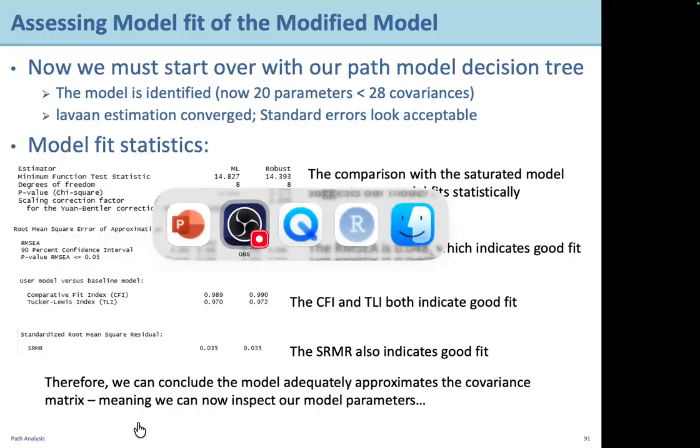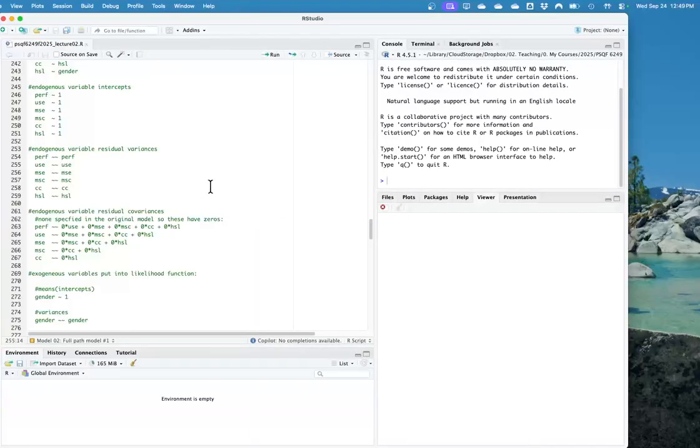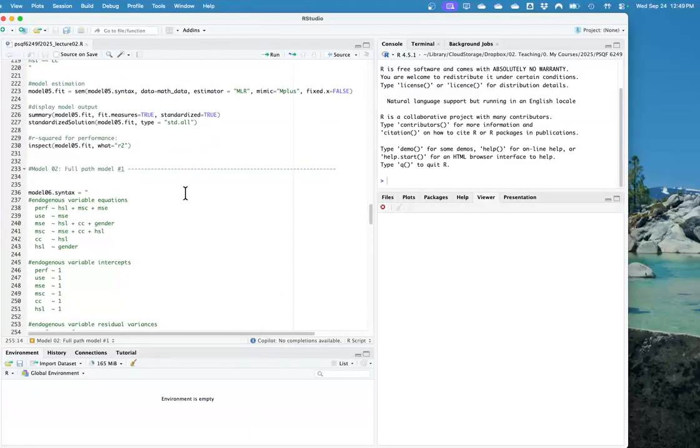And if you want to see this actually in the new version of lavaan, let me just run that real quick.